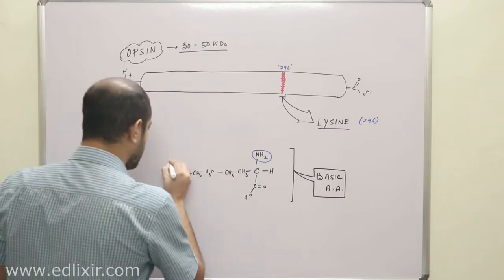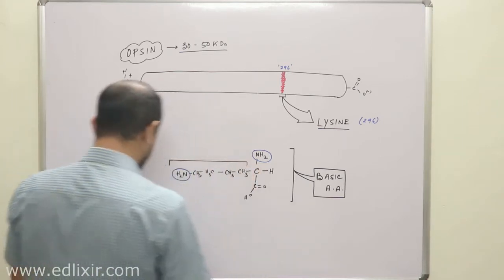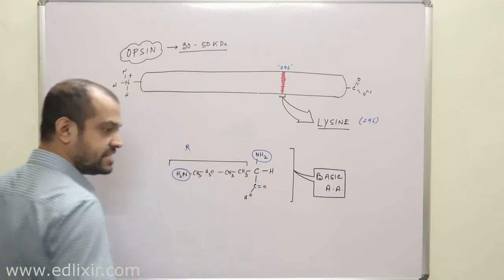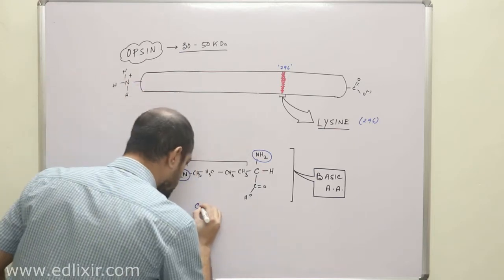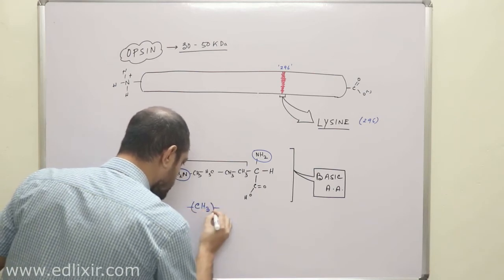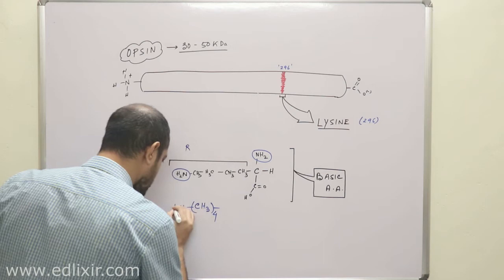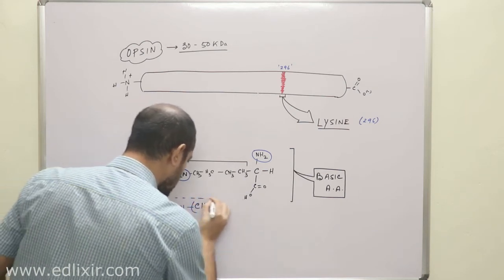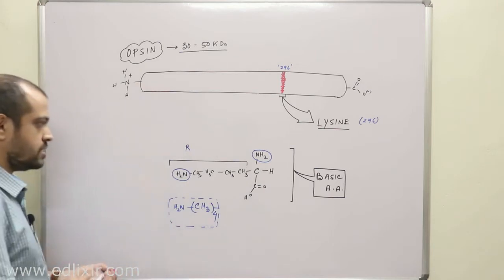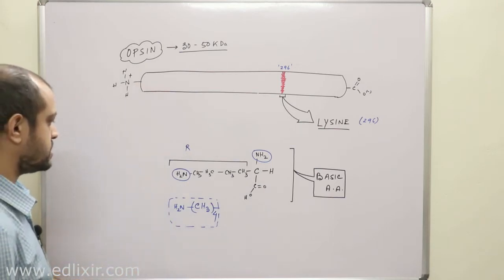Now listen. So this group is actually the R group of lysine, or the side chain. So the R group of lysine actually looks like this, right? So this is the R group of our very beloved lysine. Now it is very important for you to understand what happens here.